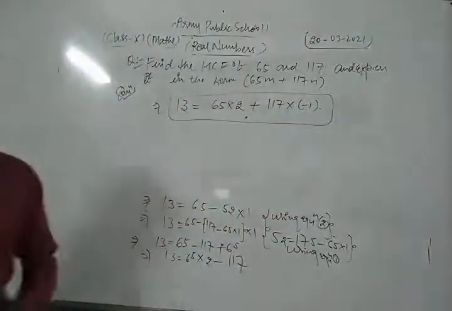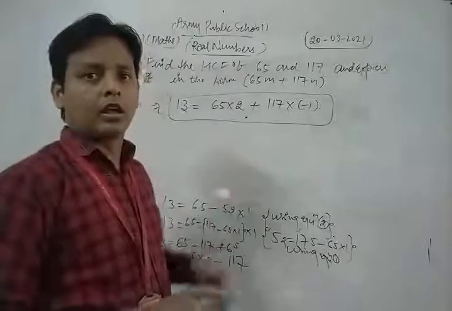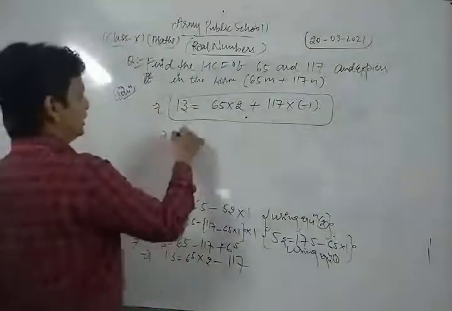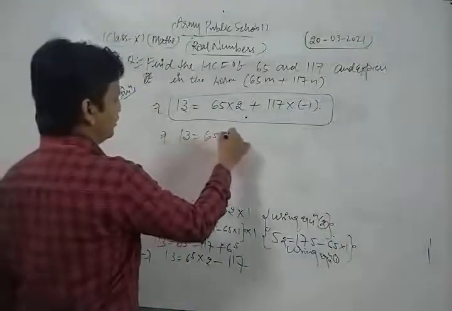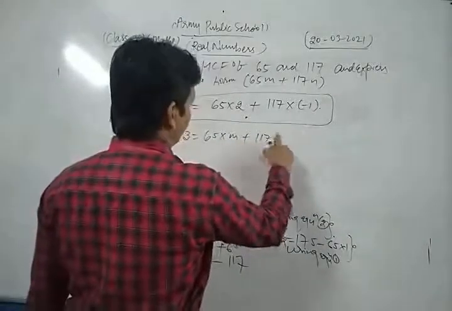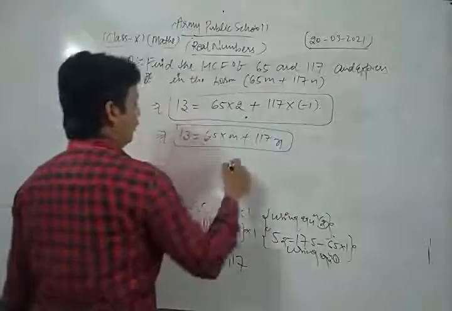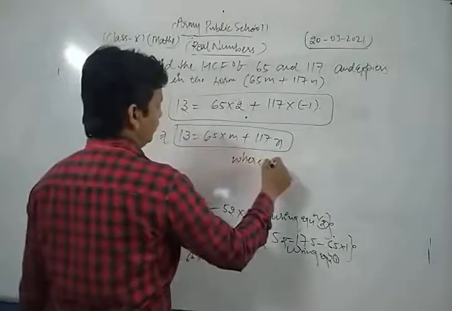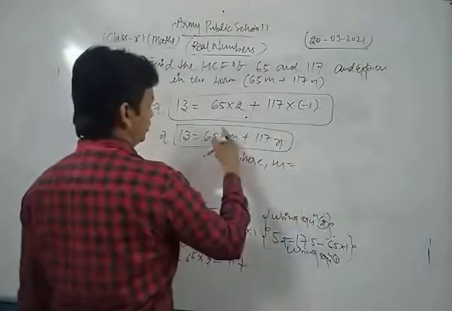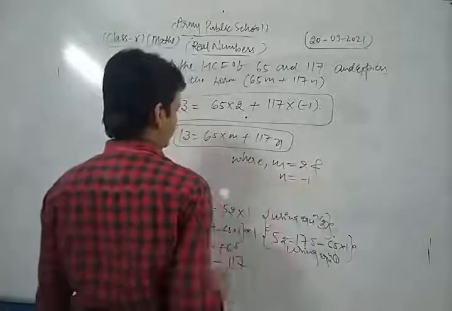Thus in this way, dear student, we can write 13 is equal to 65 into m plus 117 into n, where m is equal to 2 and n is equal to minus 1.